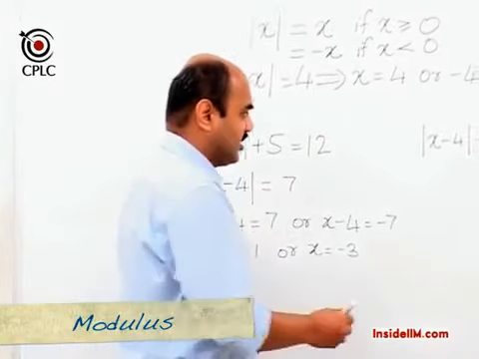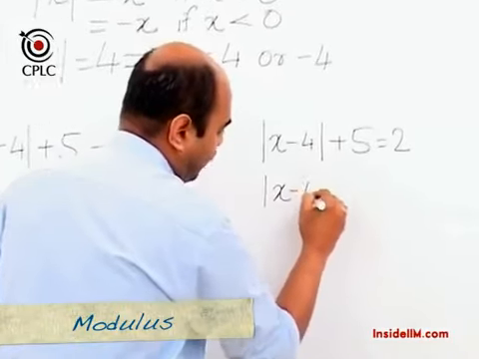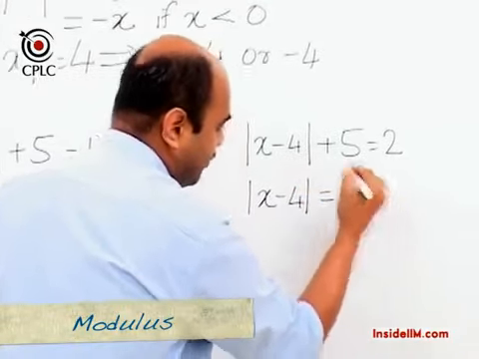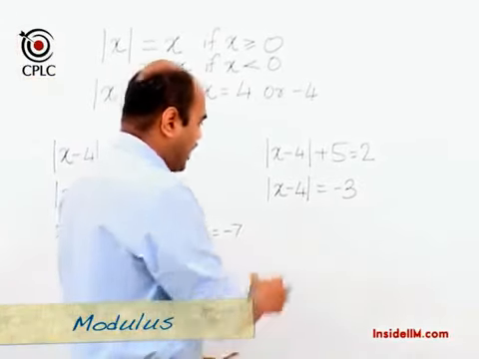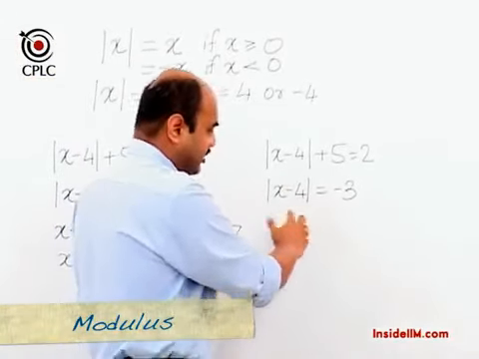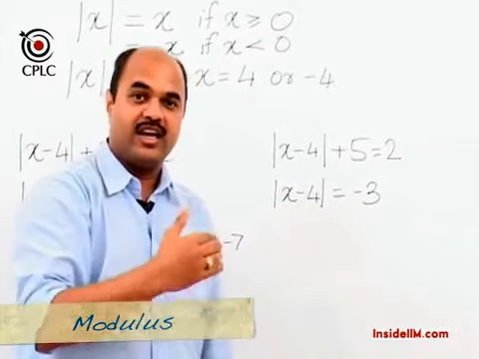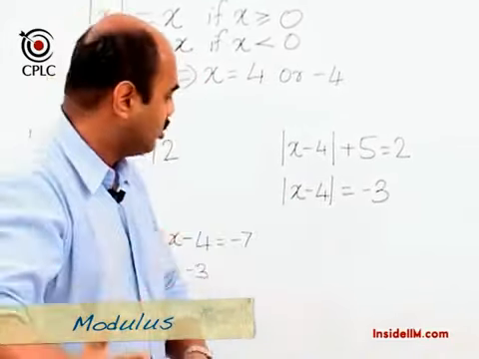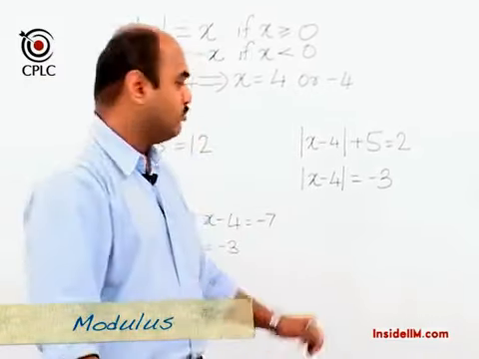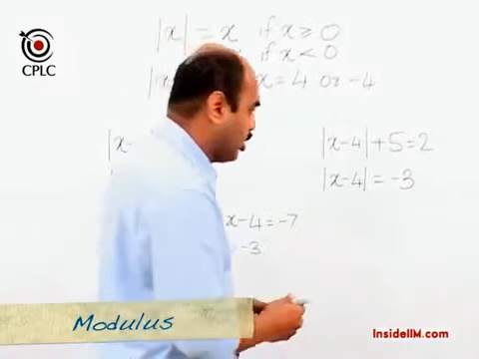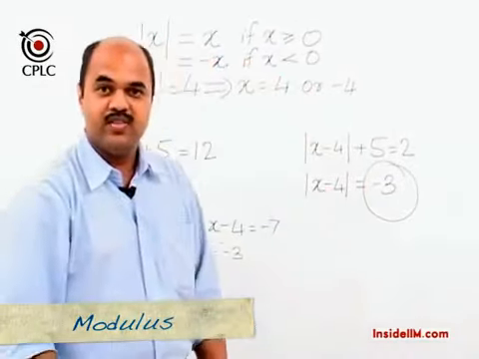If we move on to another example, here the first step would be mod of x minus 4 is equal to minus 3. And if you think, we can now write, removing the mod sign, x minus 4 is equal to minus 3, or x minus 4 is equal to, when you take the negative part of it, we cannot even move beyond this point, because we have learned that modulus is always non-negative.